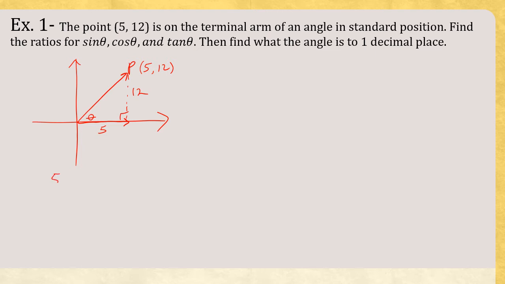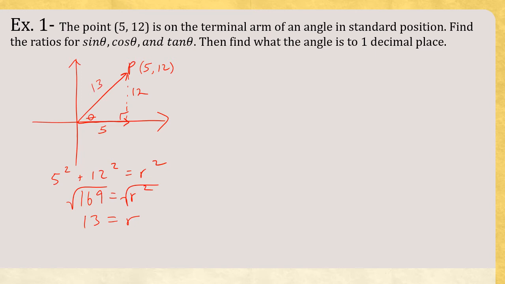Or in this case, 5 squared plus 12 squared equals r squared. 5 squared is 25, plus 12 squared is 144, that's 169. Square root, not plus or minus, because negative 13 has no meaning. We can't have a negative distance. So r is 13.